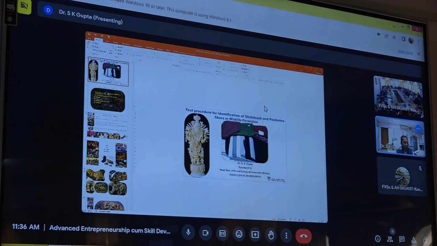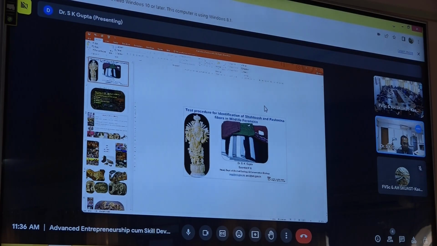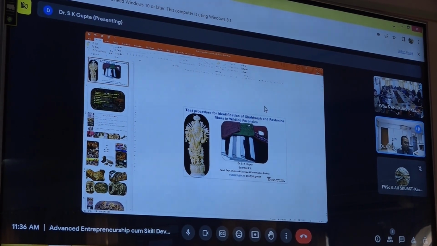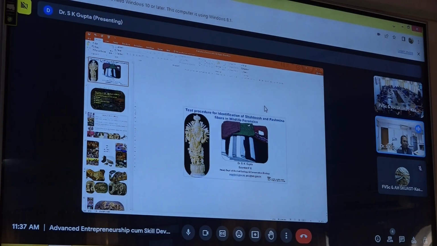So I am handling wildlife forensics plus other projects where molecular genetics was required. Most of my specialization is in DNA related examination only. And being a wildlife forensic person, I am also looking at morphological parameters. It is not always possible to examine each and every product using only one kind of technology or approach.